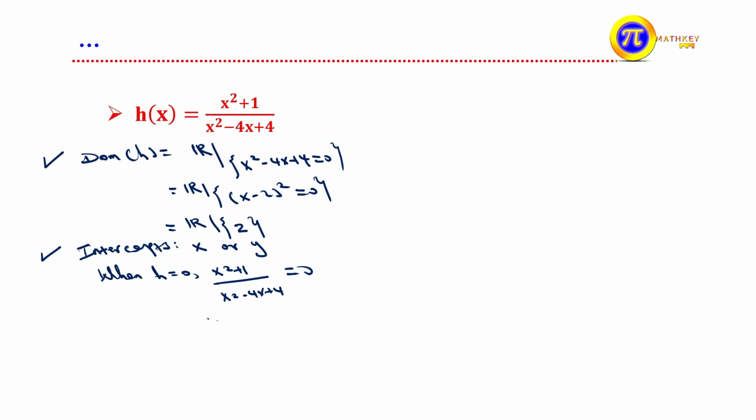This shows that x squared plus 1 is equal to 0, which means x squared is equal to -1. So we don't have any real number whose square is negative. No x-intercept.